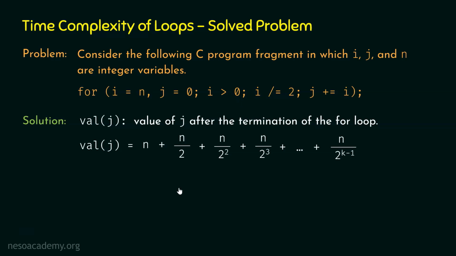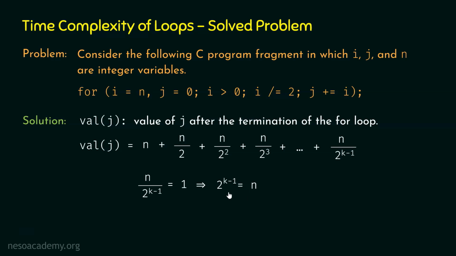So this is my assumption that n/2^(k-1) is equal to 1. Now let's solve this equation to find the value of k in terms of n. We will get 2^(k-1) equal to n from this equation.